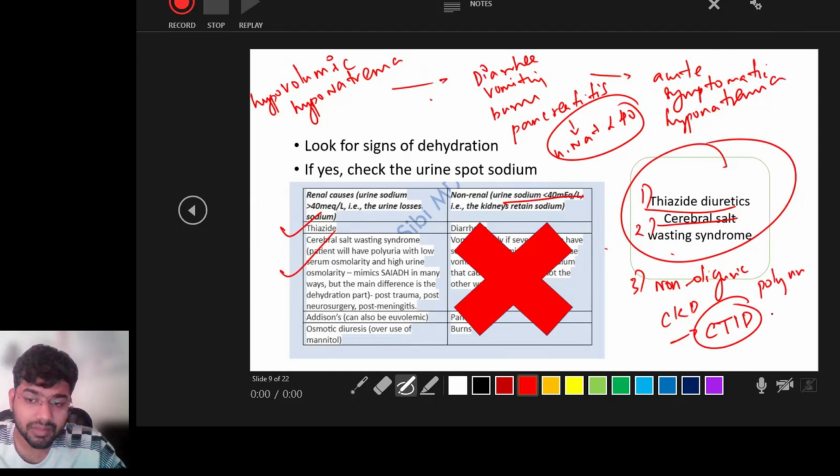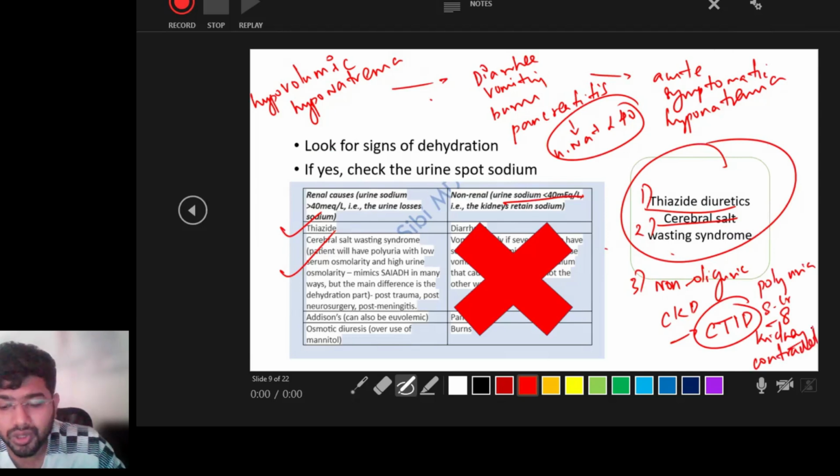Along with that, serum creatinine will be around 7 or 8, and the patient's kidneys will be contracted. This is also a form of CKD, but it affects the tubulointerstitium. So this also you should keep in mind. Patients with CKD can also develop hyponatremia without being hypervolemic if they are non-oliguric CKDs, particularly the CTID spectrum.